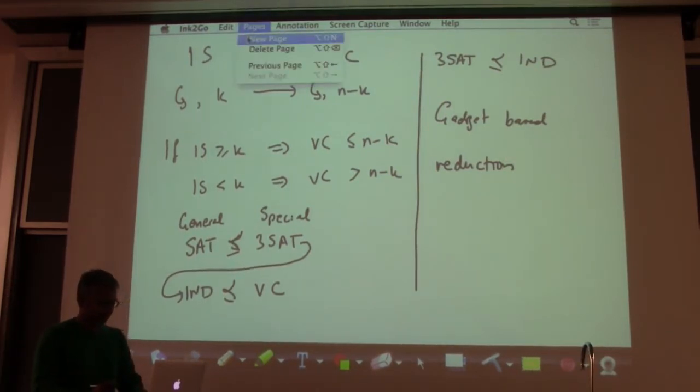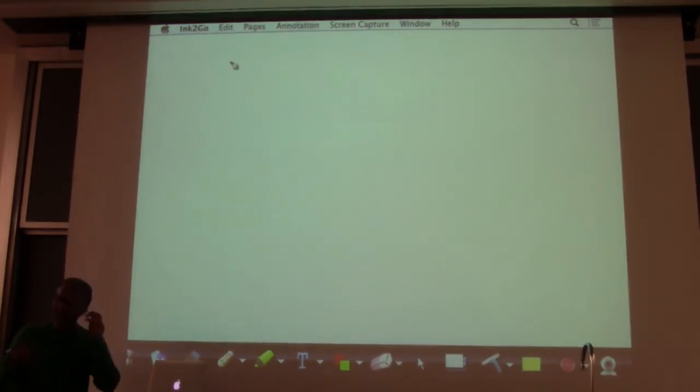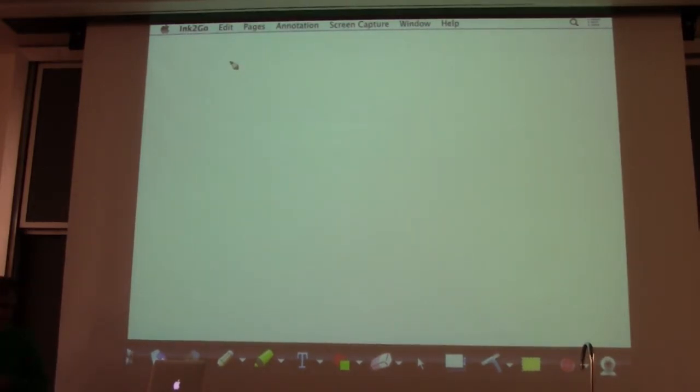So the first thing we have to decide is, what's a variable? How do we encode a variable in the language of graphs? To do this, it helps to think about what it is we're doing. When we solve 3SAT, what does the solution look like? It looks like assignments of values to variables, true or false. Well, true or false kind of looks like zeros and ones.